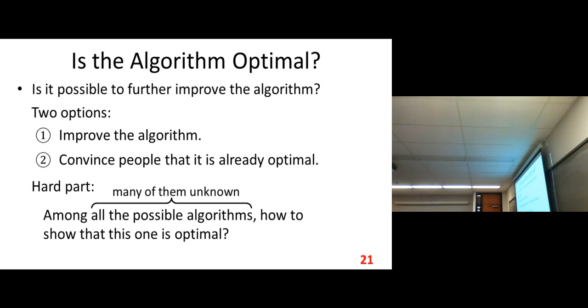If the algorithm is unknown, how can you compare with it? How do you make some conclusion or make some argument regarding some unknown algorithms?